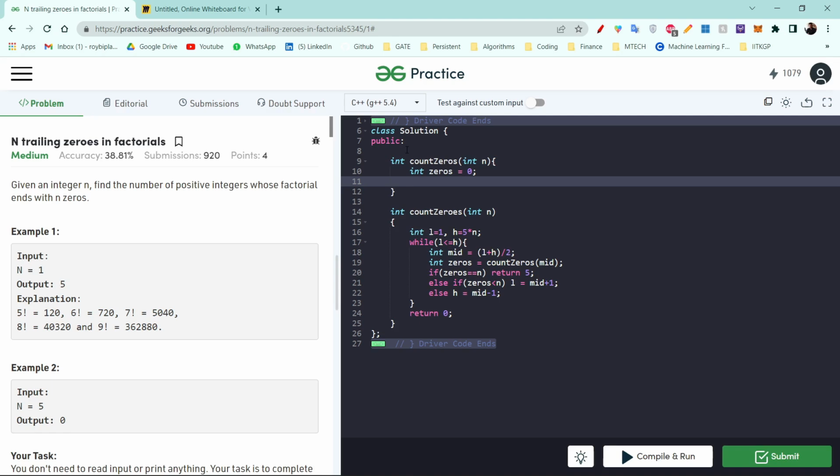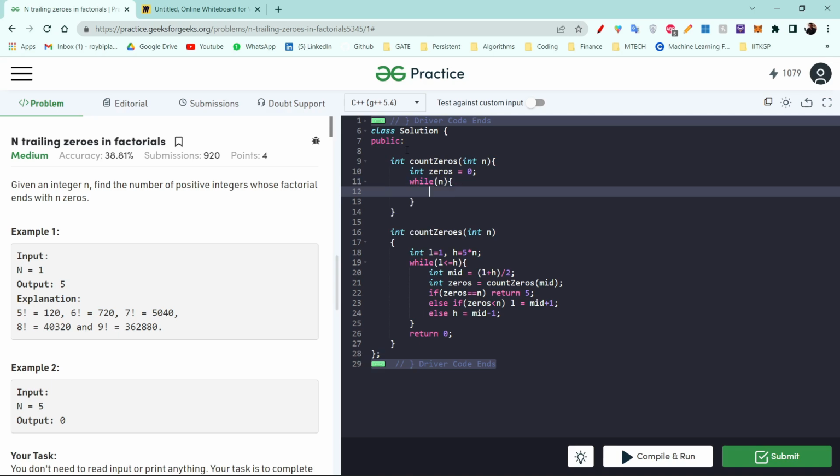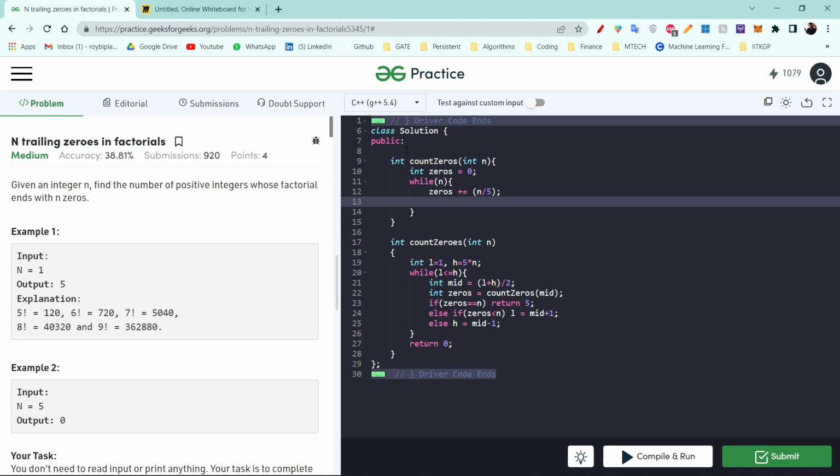While we have n, we add n by 5 to zeros, so n by 5 will be our contribution, and we update n equals n by 5.